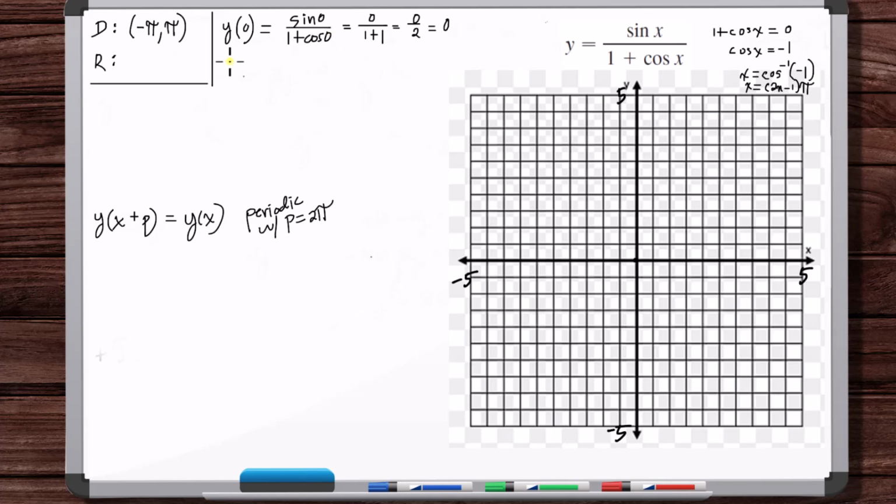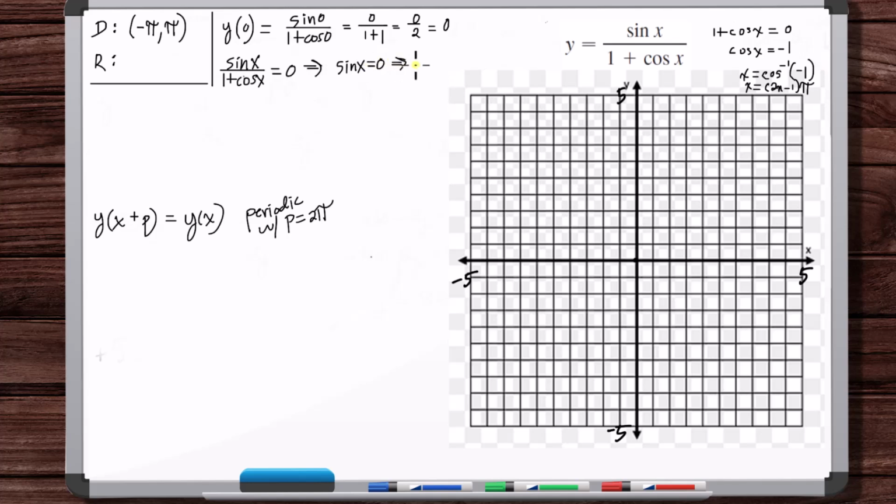Now the x-intercepts: set y equal to 0 and solve for x. This is where the sine of x equals 0.